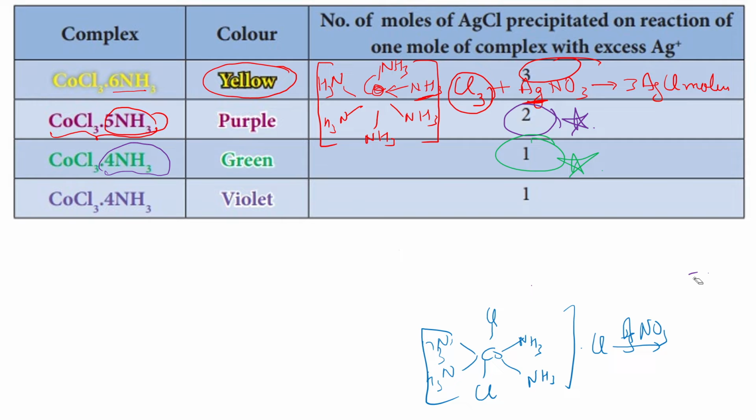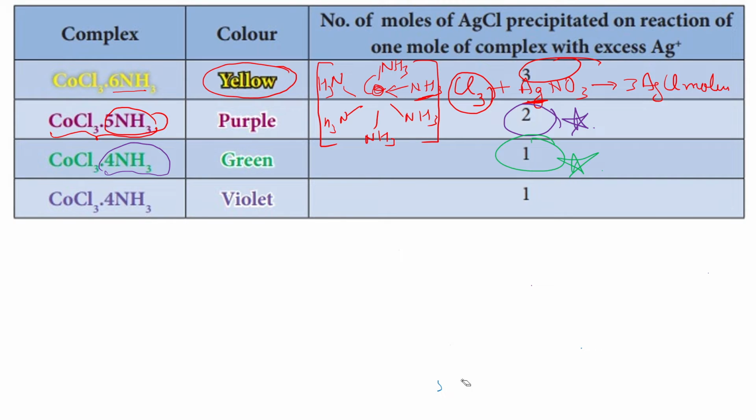Depending upon the silver chloride obtained, he gave this formulation that this much chloride ion might be inside the coordination sphere and the rest could be outside the coordination sphere.